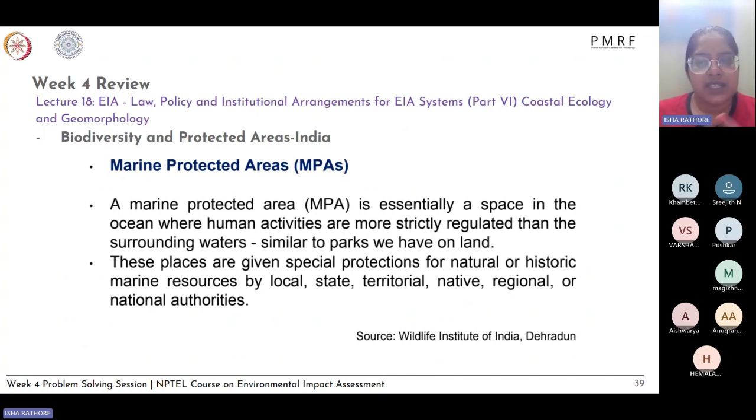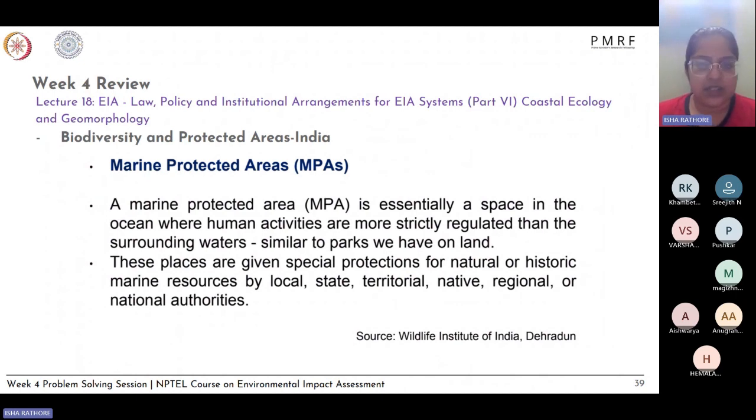So marine protected areas is essentially a space in the ocean where human activities are more strictly regulated than the surrounding water. It is similar to parks, which we have on land. So for parks, we have more regulations considered. So similar to that, we have marine protected areas where human activities are more regulated than the activities which are happening on water. So these include places which require special protections for natural or historic marine resources by local, state, territorial, native, regional, or national authorities.